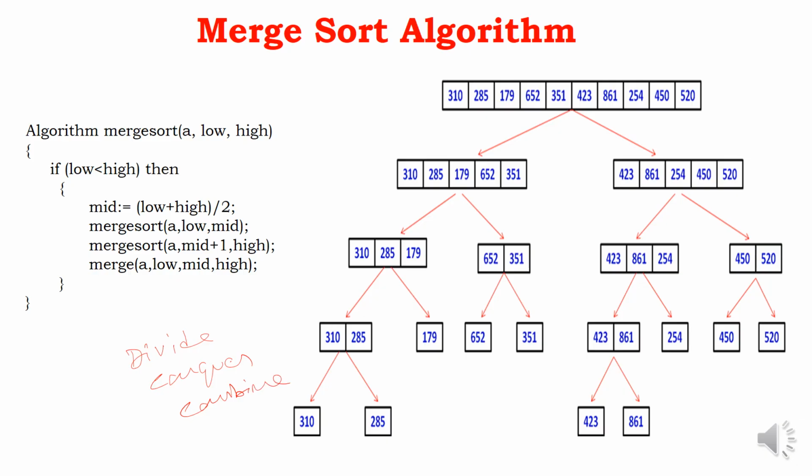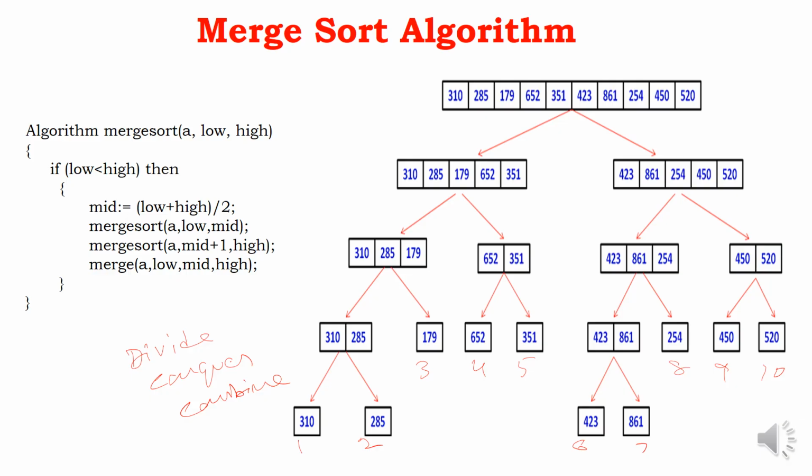A big array is divided into two smaller arrays, and these two smaller arrays are again further divided till we find an array which is unable to divide further. So the first subarray, second subarray, third subarray, fourth, fifth, sixth, seventh, eighth, ninth, tenth, like this. Whatever we have discussed in the earlier slide.